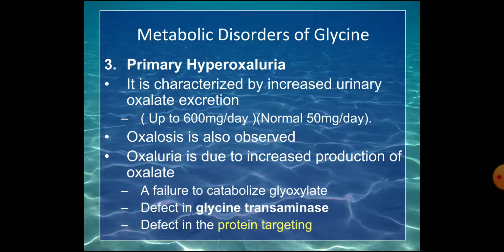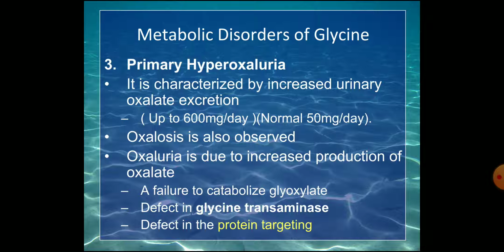Once it reaches the mitochondria, it is inactive, so the glyoxylate is not able to convert back to glycine. Instead it gets oxidized and produces more oxalate. That is the cause for oxaluria and oxalosis in the body.